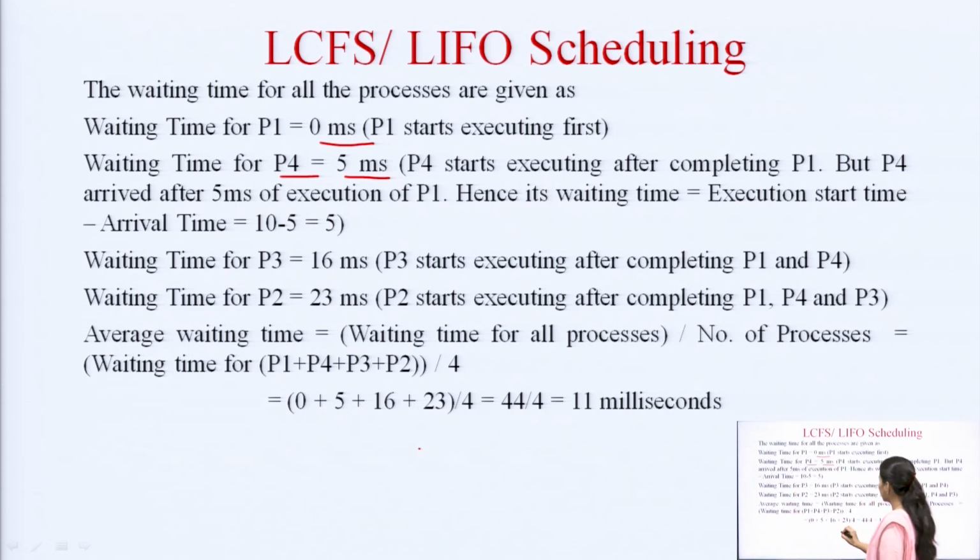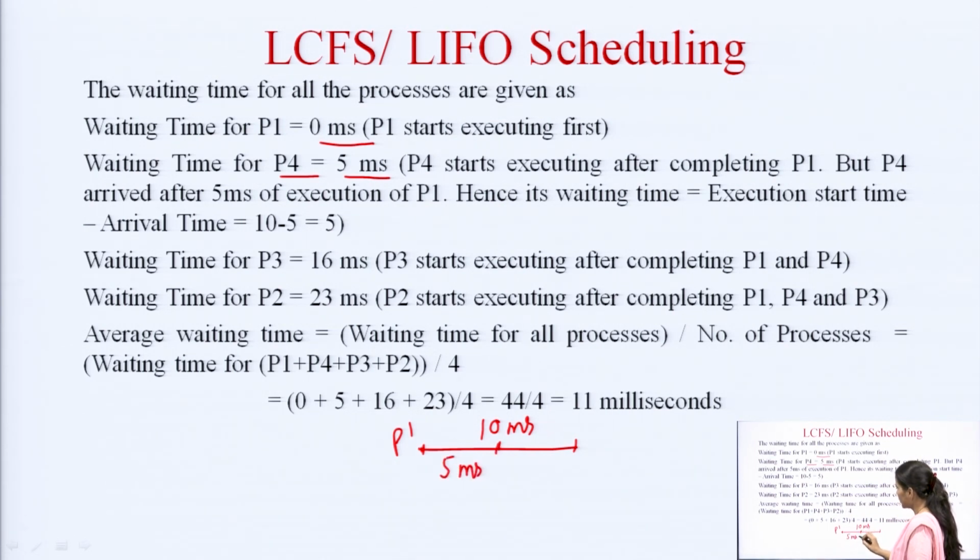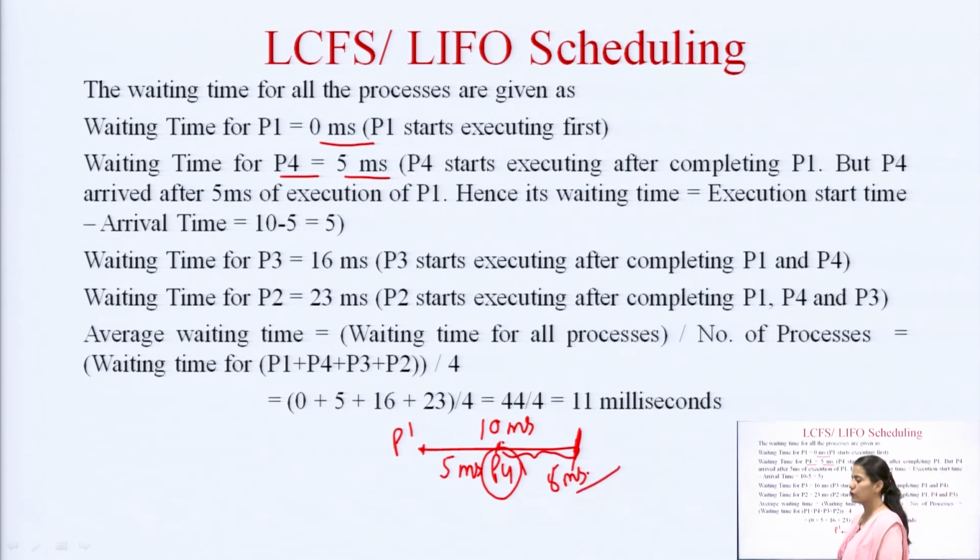Suppose P1 is scheduled, its execution time is 10 milliseconds. In between, after 5 milliseconds, P4 arrives. As long as P1 is being executed, P4 has to wait, for 5 milliseconds. So, the waiting time for P4 is 5 milliseconds.